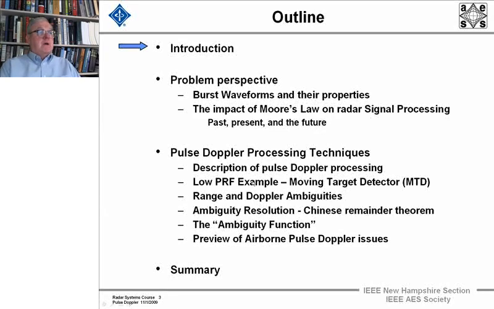And then we'll move on to a series of half a dozen topics, and they will be pulse Doppler processing techniques. We'll go into detail about pulse Doppler processing, and then we're going to look at a low PRF example, the moving target detector processor that was first employed in the ASR-9.